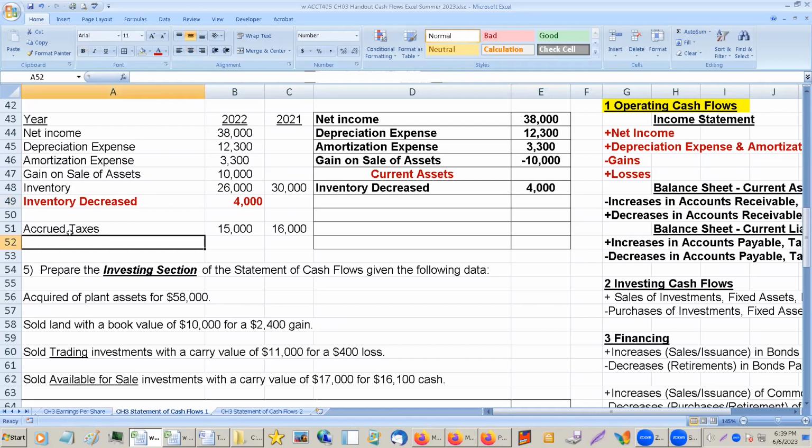Accrued taxes, again, accrued just means it's like taxes payable. So what you owe the government. And accrued taxes decreased. And for liabilities, the only way liabilities go down is if you pay them. Yeah, let's calculate.